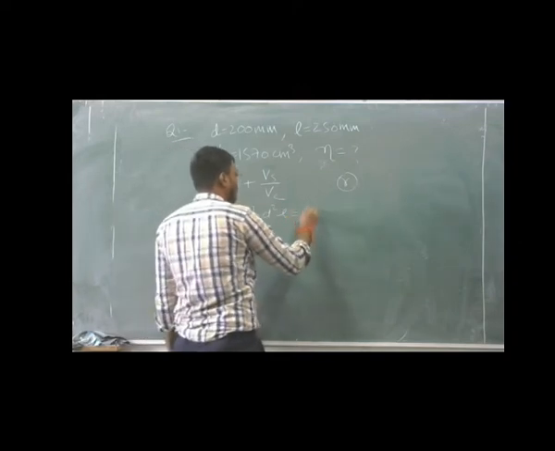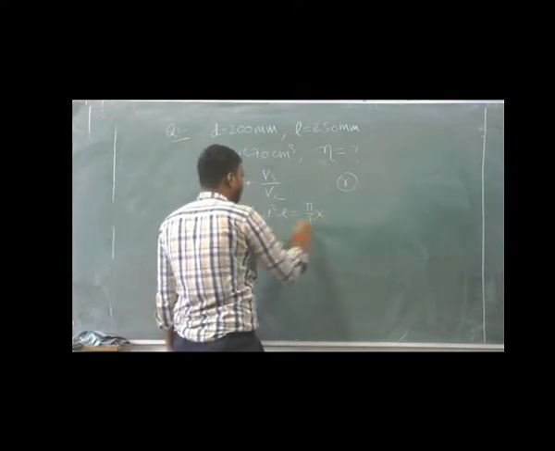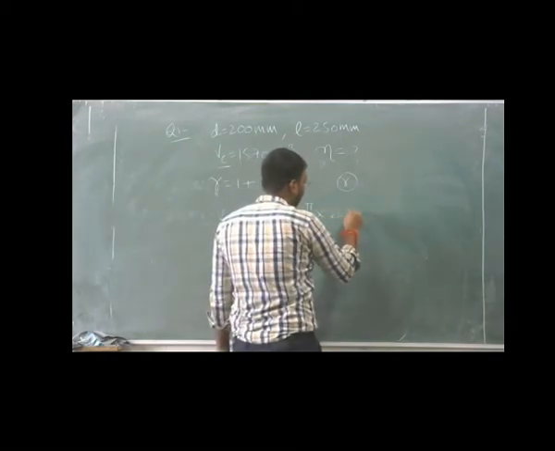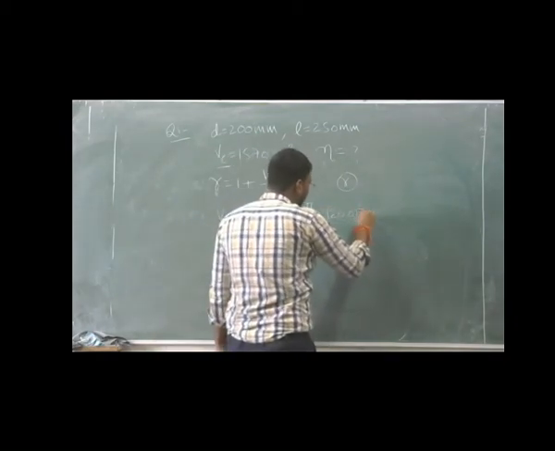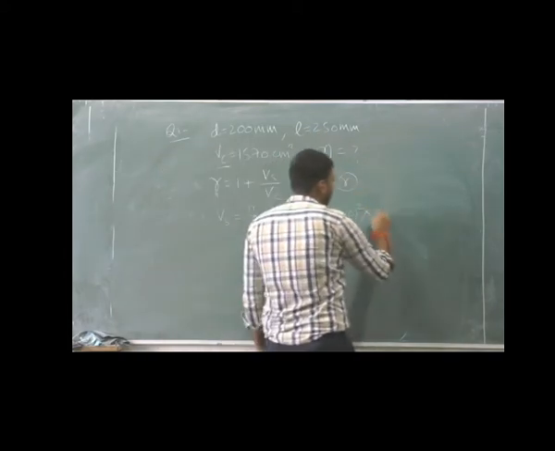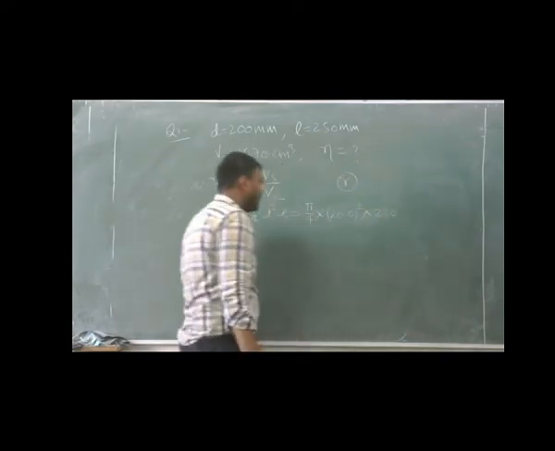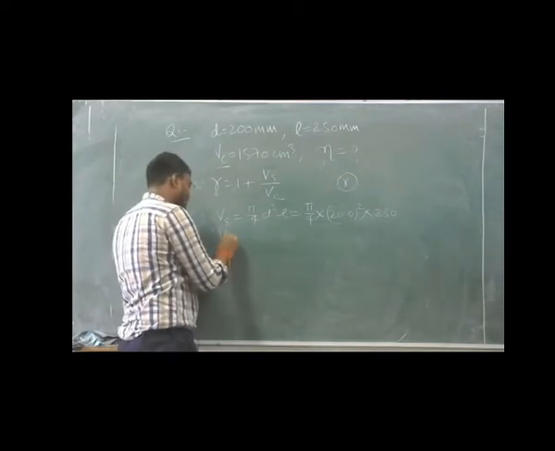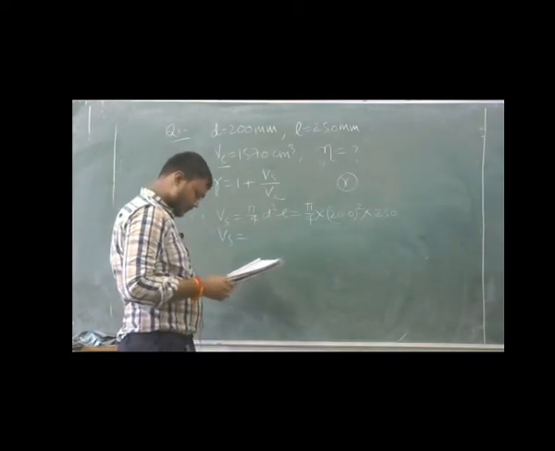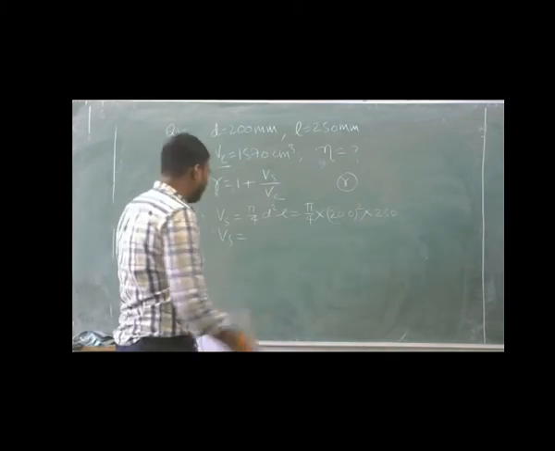Put all the values here. Pi by 4 d square means 200 square, into L means 250. So we get the value of Vs equal to 7.85 into 10 to the power 6.